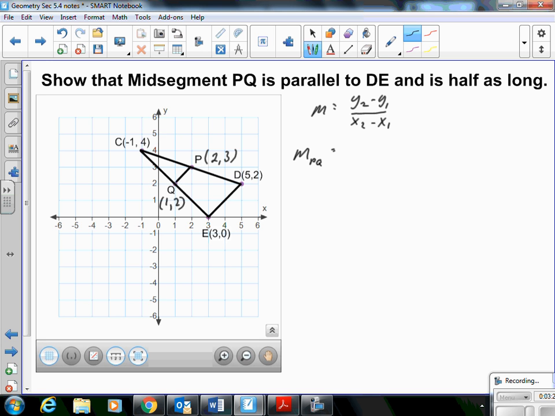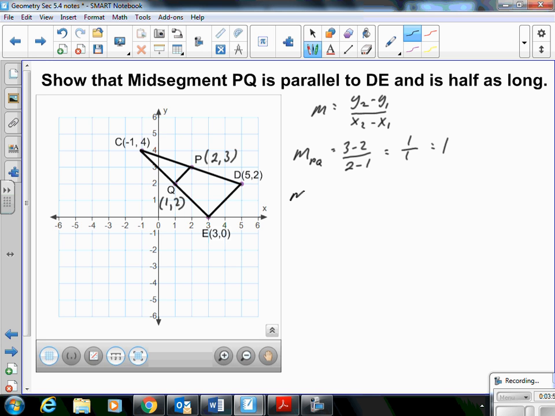So for our y's, it's going to be 3 minus 2 over our x's of 2 minus 1. Which is 1 over 1, or simply 1. So a slope of 1 for PQ.